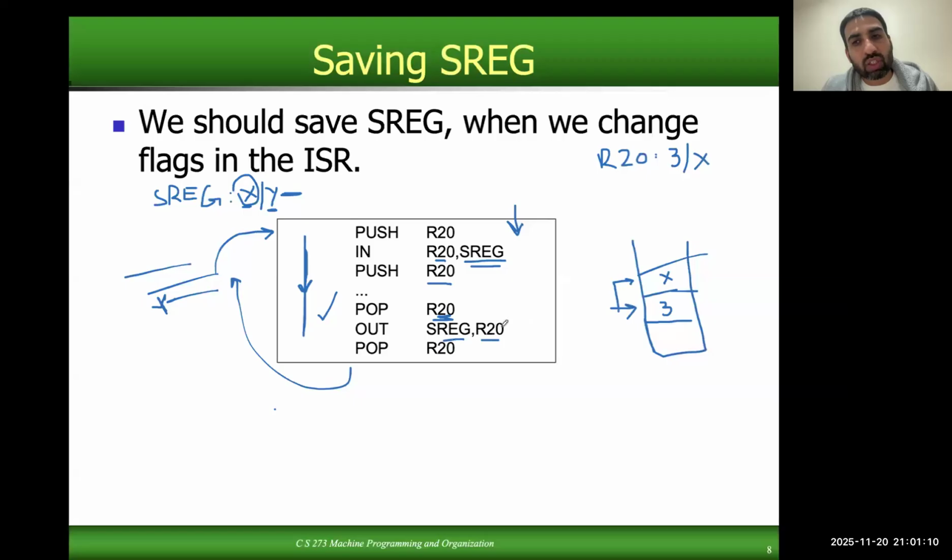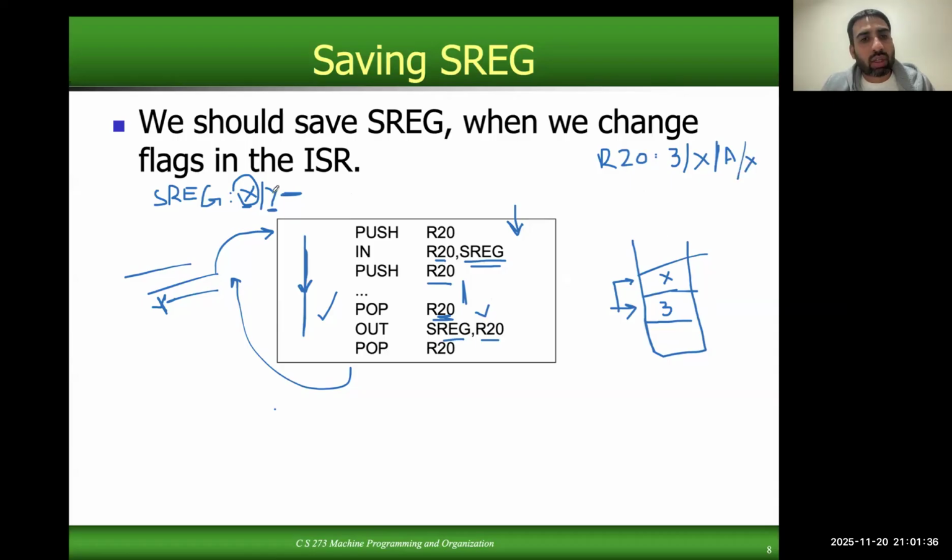So you need to pop. First you are saying, pop R20, pop the value from the top of the stack into R20. Let's say in between, the value of R20 was changed to something like A. When you execute this pop R20, X will be placed in R20, and then you are saying, now write R20 to sreg.